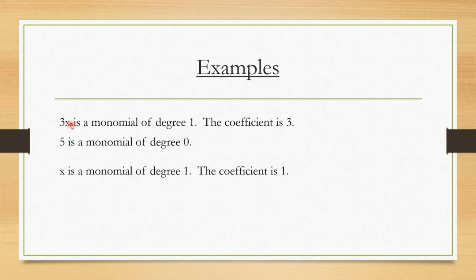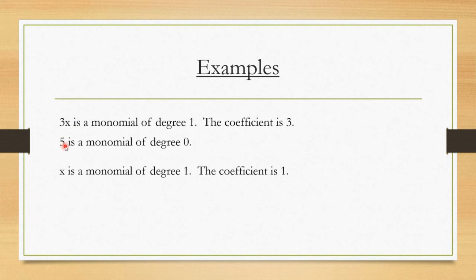We saw that already today. So 3x is a monomial. The degree of this is 1 because the exponent of x is 1. Again, the exponent's 1, we don't write it. The coefficient is 3.